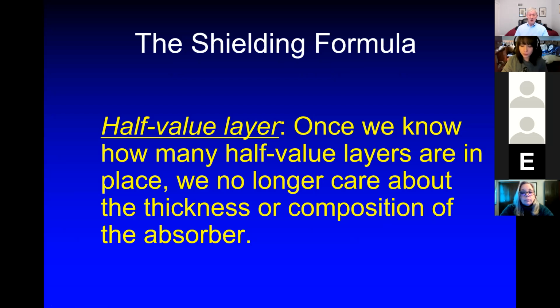Just like when you work a decay problem, all you care about is N. How many half-lives have elapsed? You don't care what the isotope is anymore once you know how many half-lives have gone by. The formulas don't care at all what the isotope is. It's just totally irrelevant. So once you know how many half value layers there are, you just don't care.